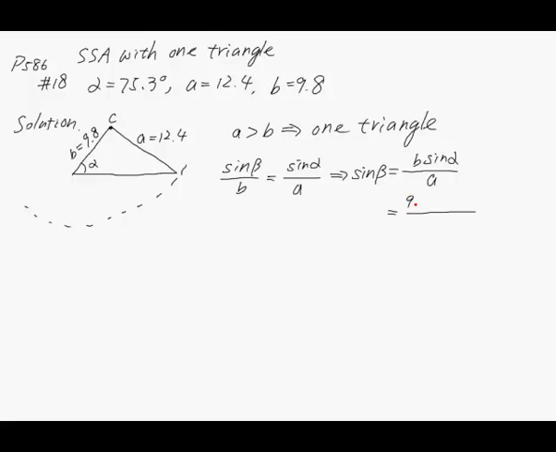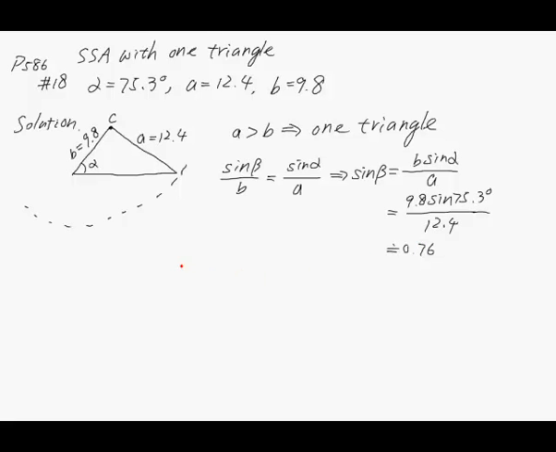So this is equal to 9.8 times sine 75.3 degrees over 12.4, and then you simplify. Approximately you get 0.76.